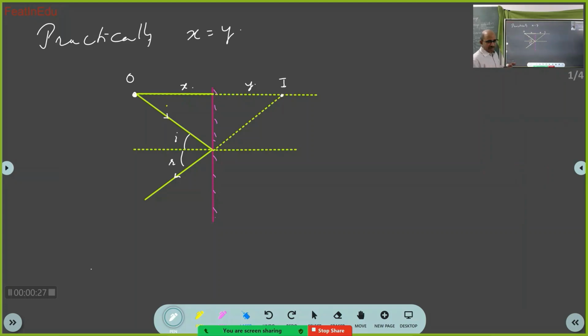So what I have done here, I have drawn the mirror, and then this is the incident ray, this is the reflected ray, and this is the mirror, a plane mirror. And now the object is here, the image is here. I have just arbitrarily said the distance of the image is y, and the distance of the object is x. I don't know if x is equal to y or not. Practically I have proved it is equal, but now I have to prove it geometrically.